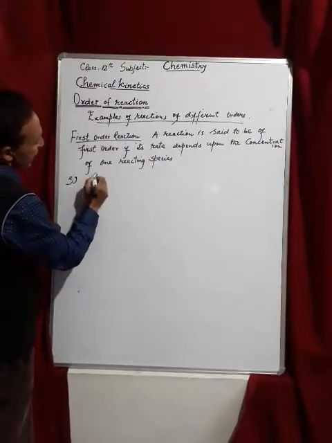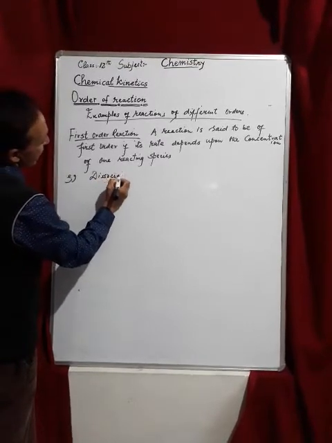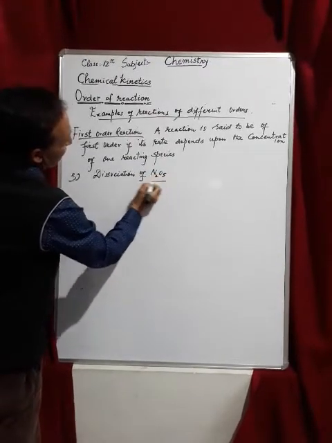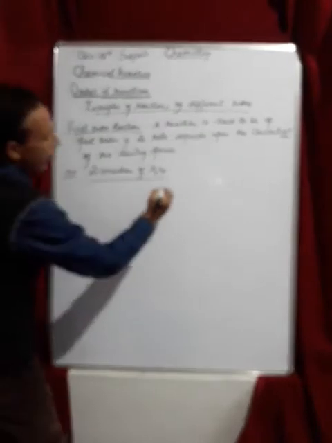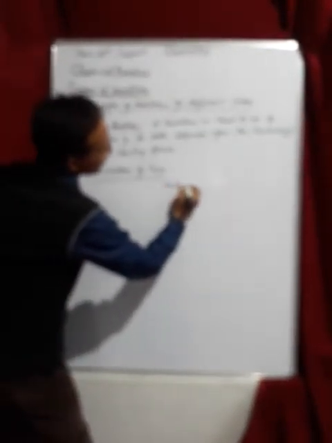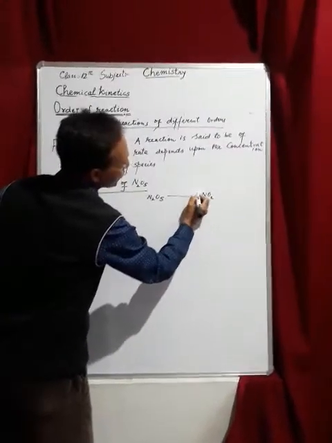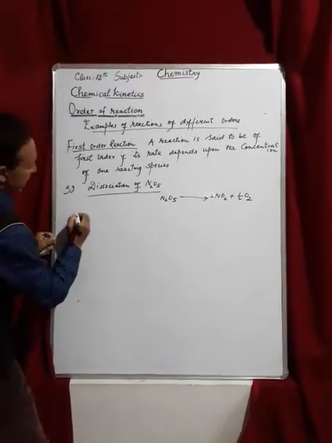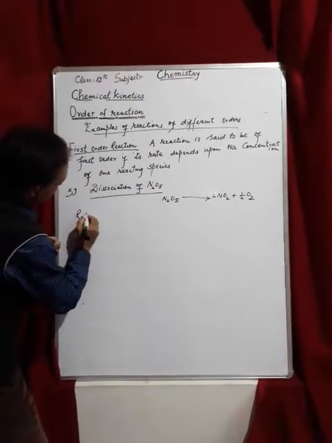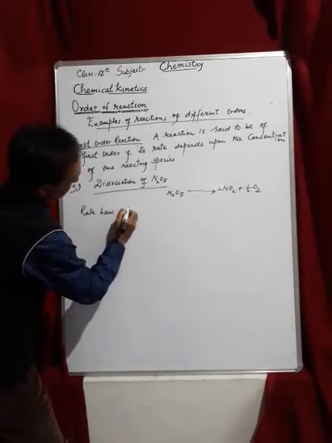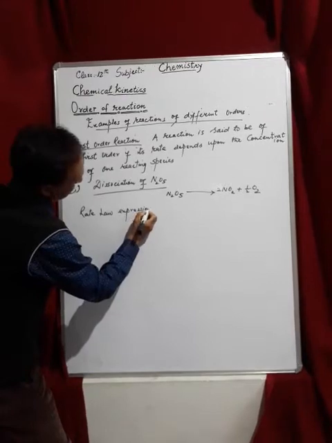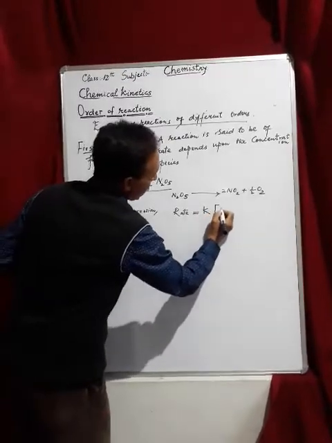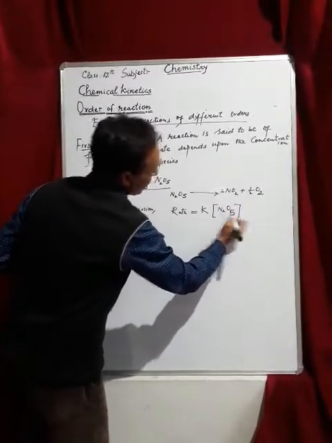For example, dissociation of N2O5. N2O5 dissociates and forms NO2 plus O2, and the rate law expression is rate equal to K into the molar concentration of N2O5.